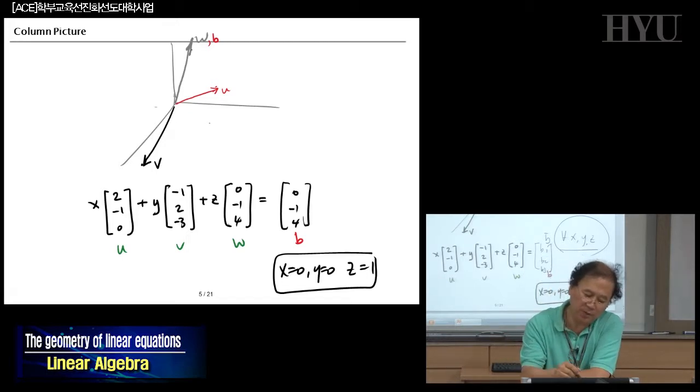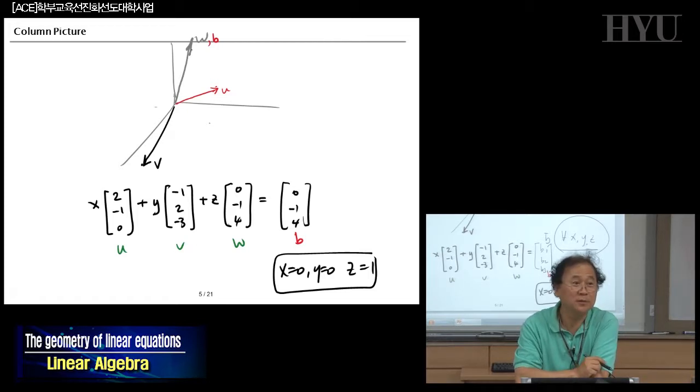Let's take a simpler example. Let's say one vector is 1, 0, 0. The other vector is 0, 1, 0. Another vector is 0, 0, 1. Then this is the x vector, this is the y vector, and this is the g vector, right?